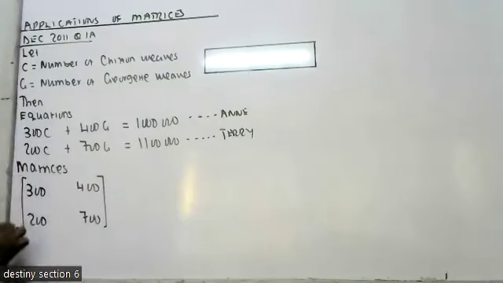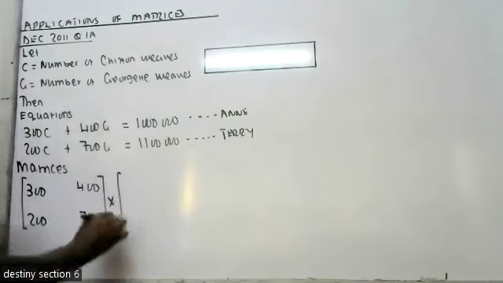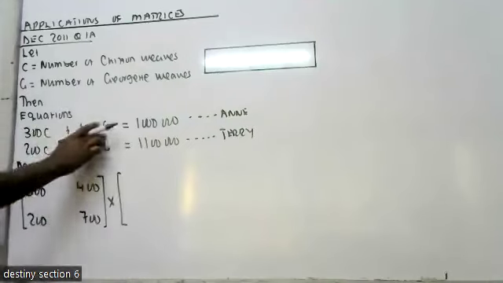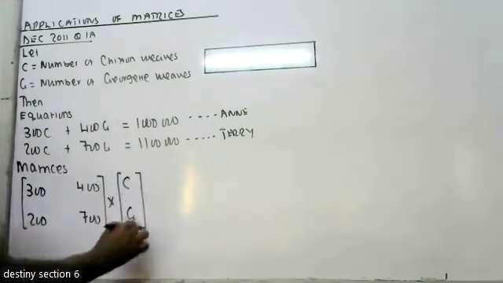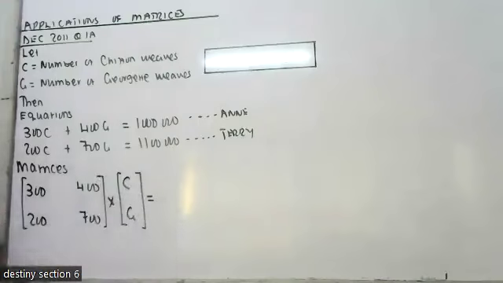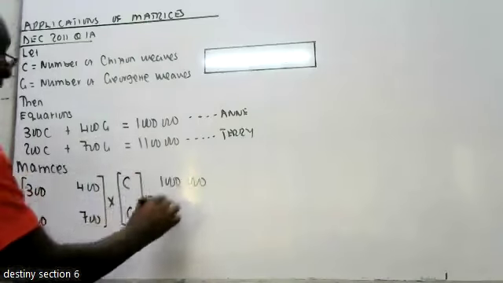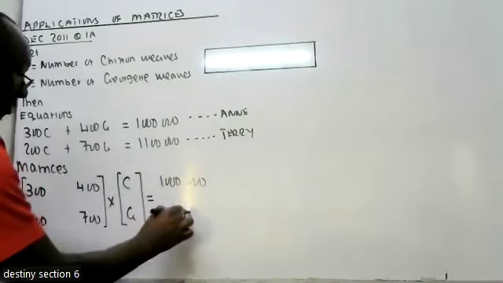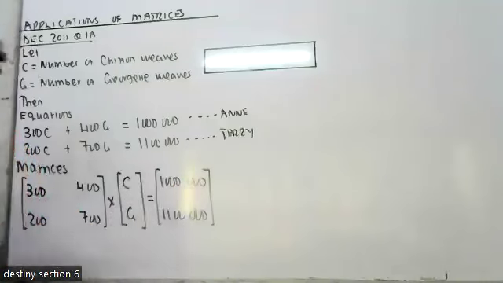You put them that way. You say times these algebras, these are unknown, C and G. Equal to 1 million and 1.1 million. That way.